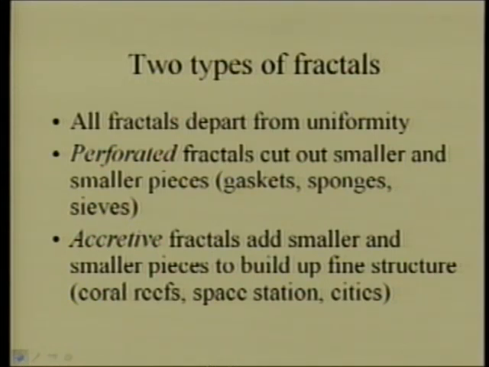The alternative is to begin with something that's totally plain, uniform, and then start to add smaller and smaller pieces according to fractal construction with smaller and smaller self-similar copies of the fractal. So these are called accretive fractals, which add smaller and smaller pieces to build up the fine structure.